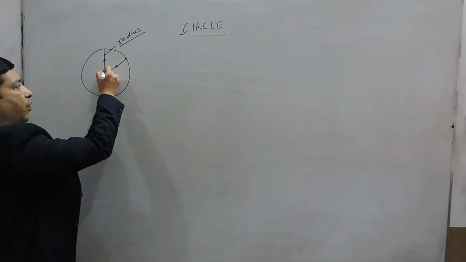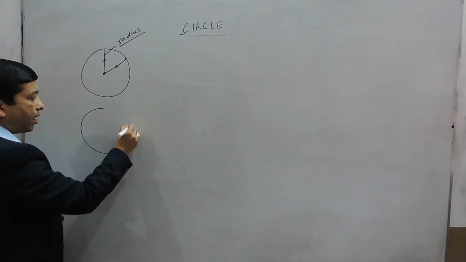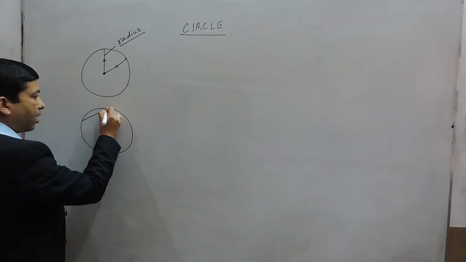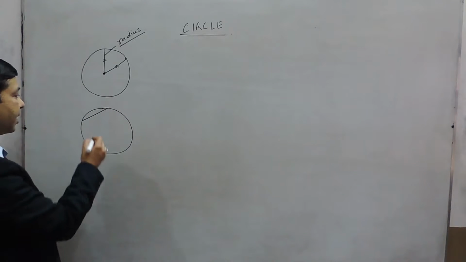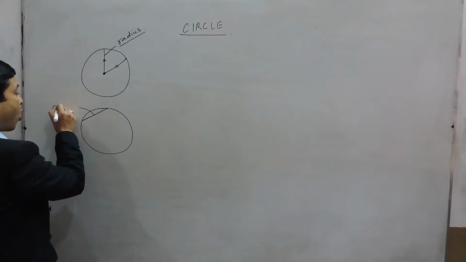If we make a line which is touching two points on the circle, then this line is known as a chord.